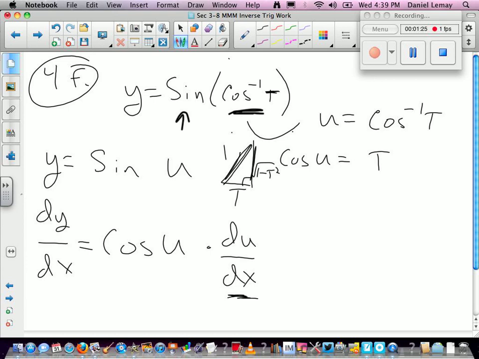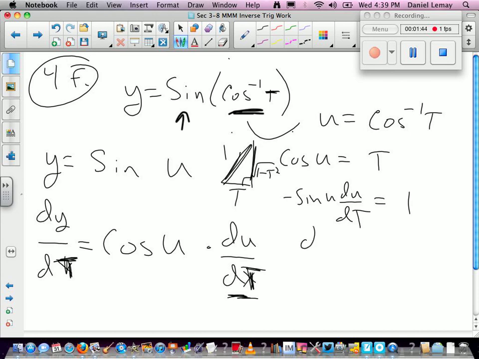Let's take the derivative of both sides. So the derivative of cosine is the negative sine of u, du/dt. I just see a mistake over here. I should be having this in terms of t. I'll fix that in a minute. Equals the derivative of t, which is 1.